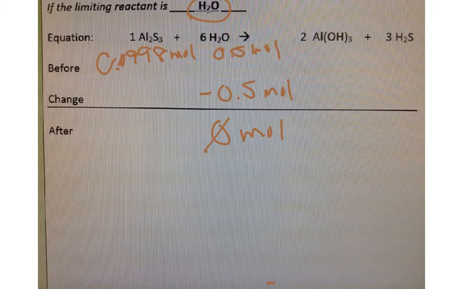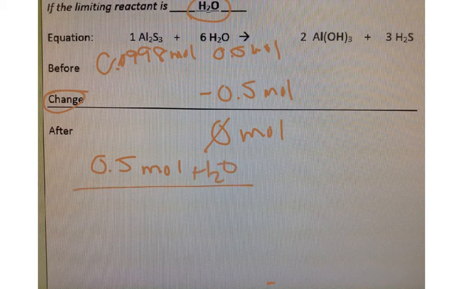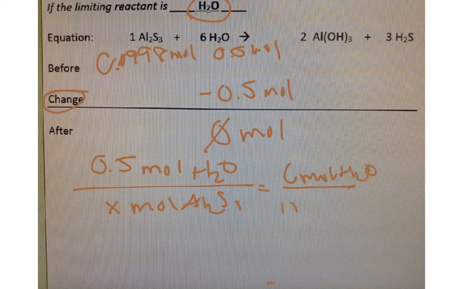So I'm going to set up my proportions, and when I have 0.5 moles of water, because remember you are only ever going to be comparing your C's through these molar ratios, so we've got 0.5 moles of water over X moles of aluminum sulfide. That is proportionally equal to 6 moles of water for every 1 mole of aluminum sulfide.